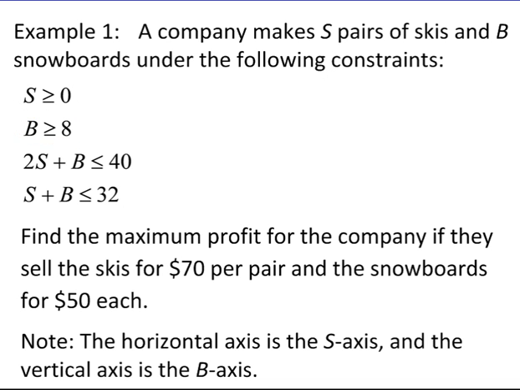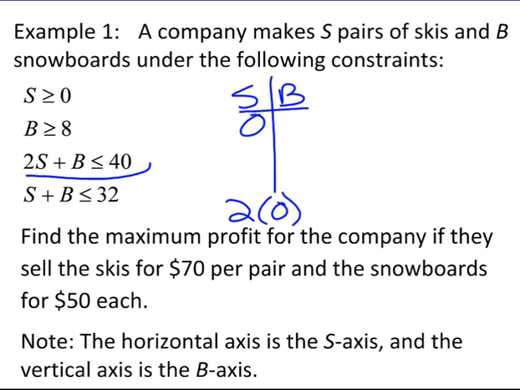Now graphing these two, they are in standard form, so when you're graphing in standard form, you have to use your x, y chart, but they're not x and y anymore. So we have our S, B chart. I'm going to take 0 and plug it in for S. So I have 2 times 0 plus B is equal to 40.